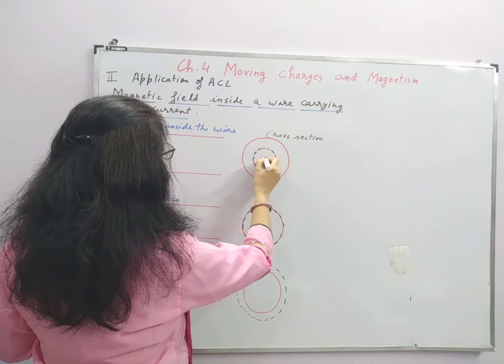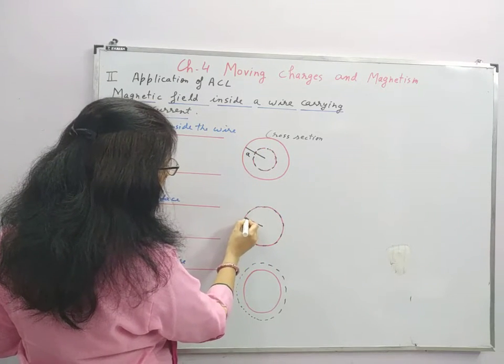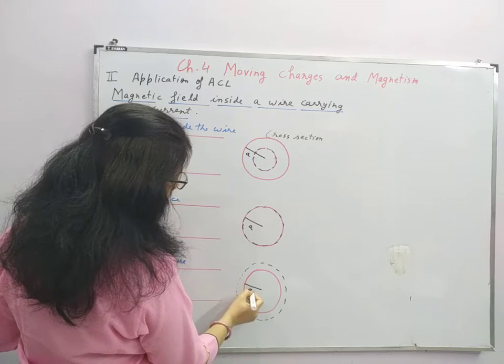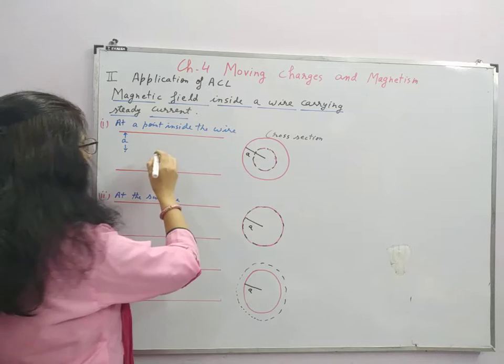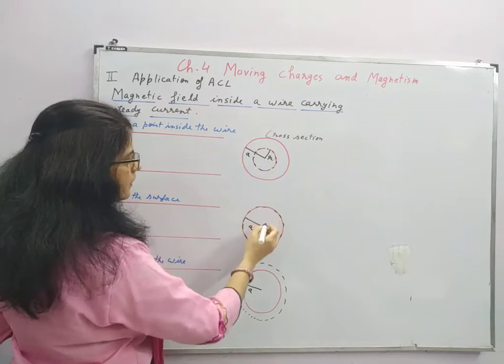This is the radius for all the diagrams as the wire is the same. The radius of the Amperian loop I am considering small r in every case.